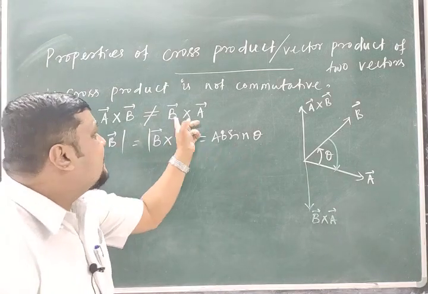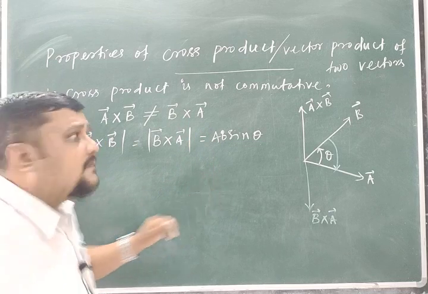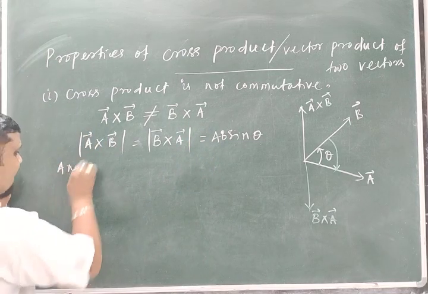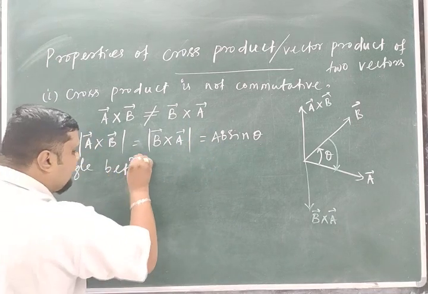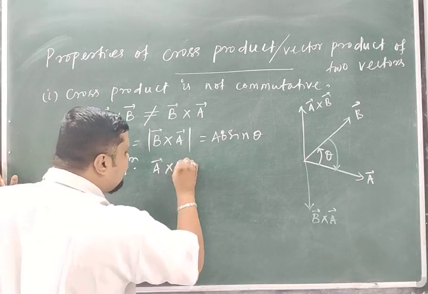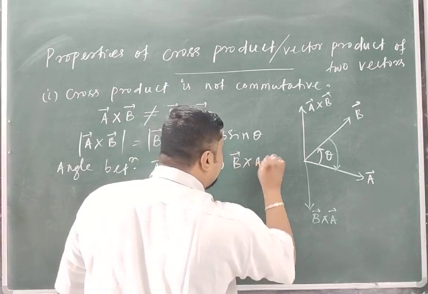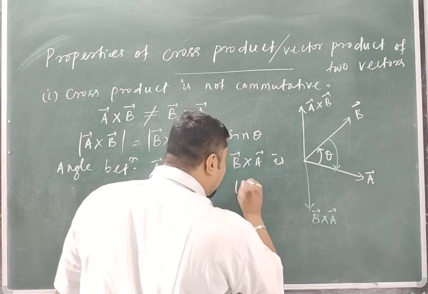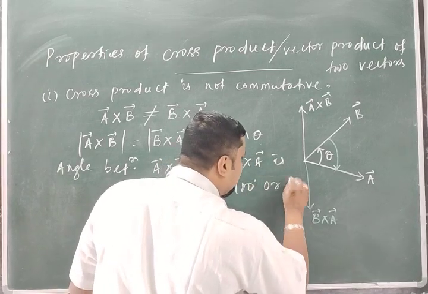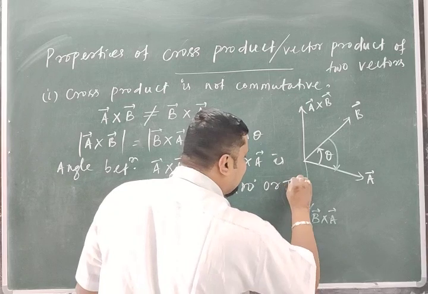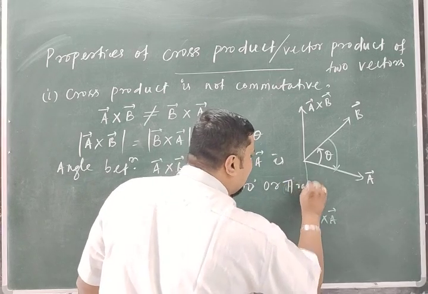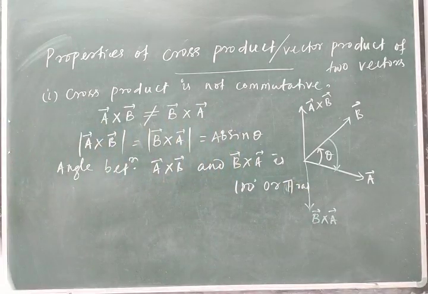From here we know that the angle between A cross B and B cross A is 180 degrees, or pi radians.